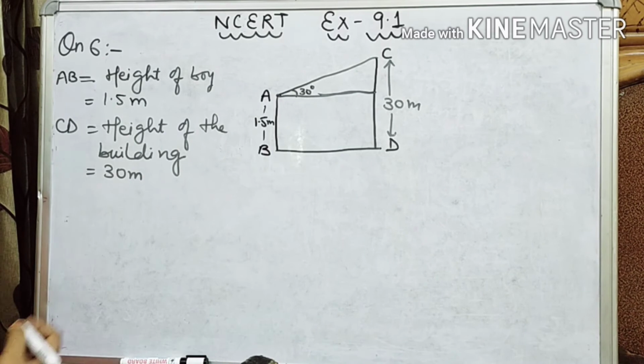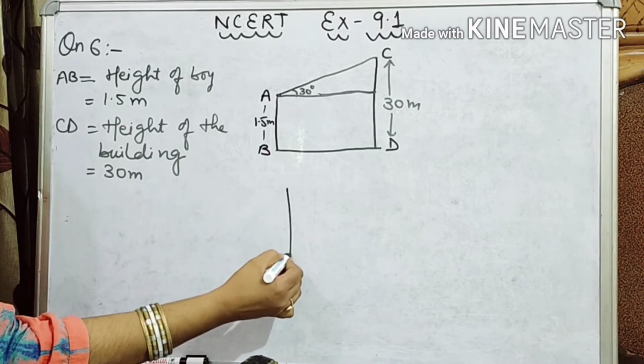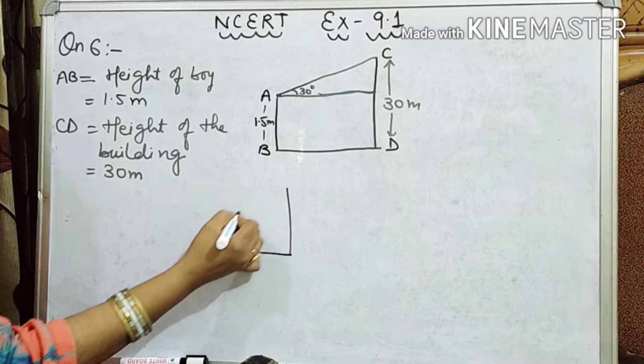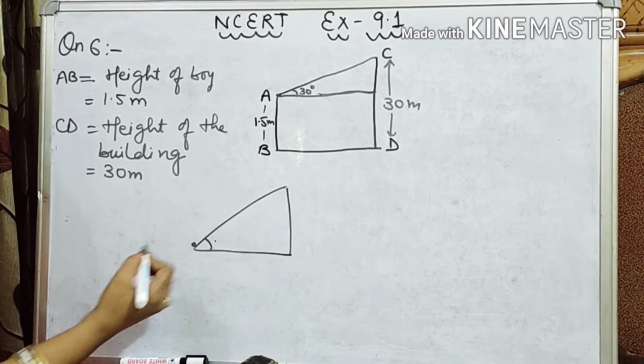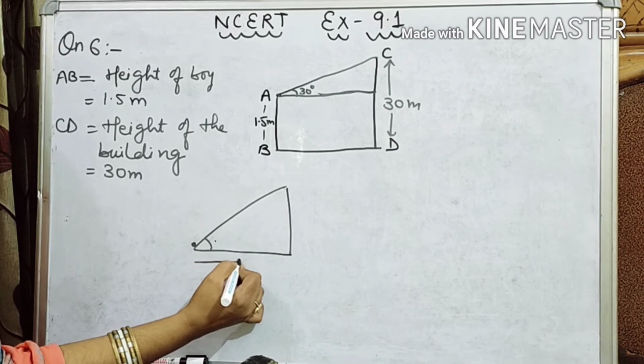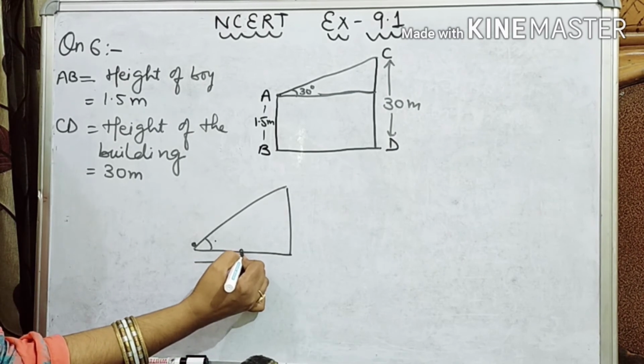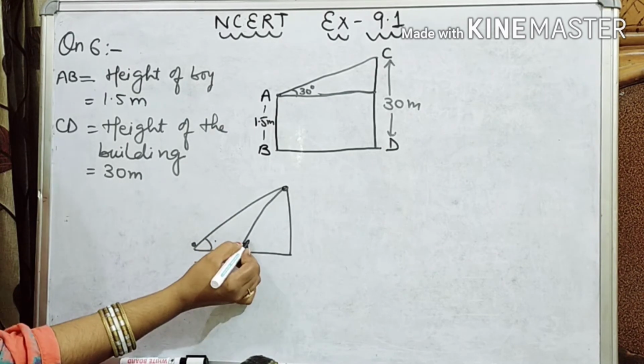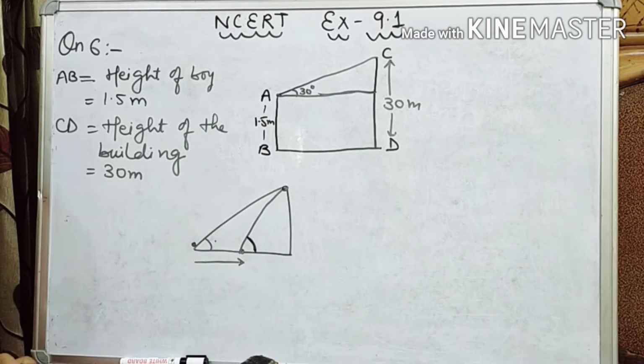One more thing I want to tell you: suppose we are here, and the angle of elevation is this one. If we move towards the object and then observe the same point, this angle will increase.